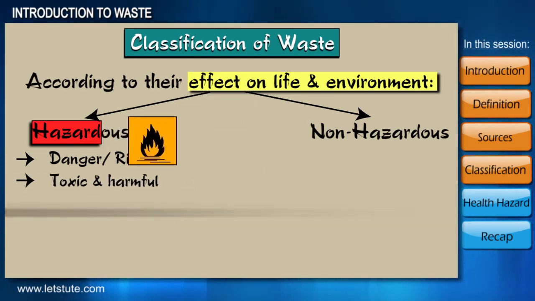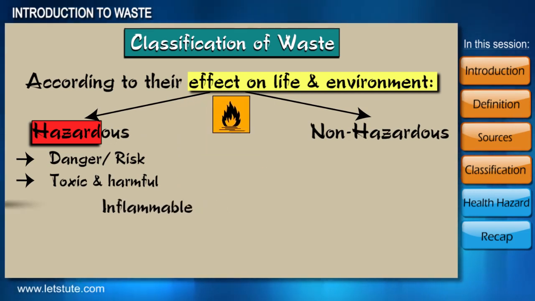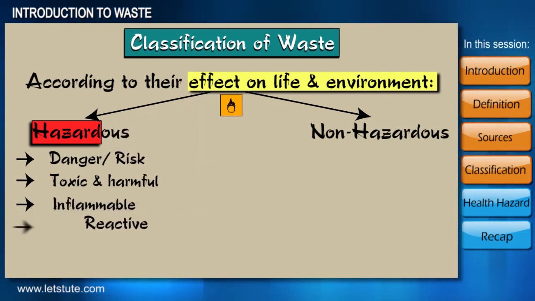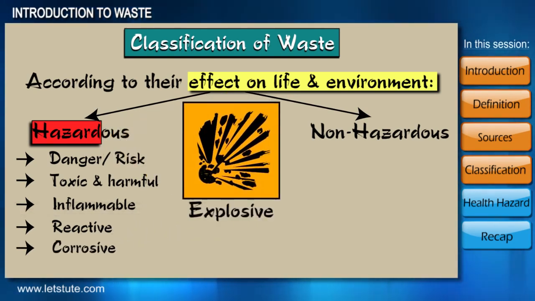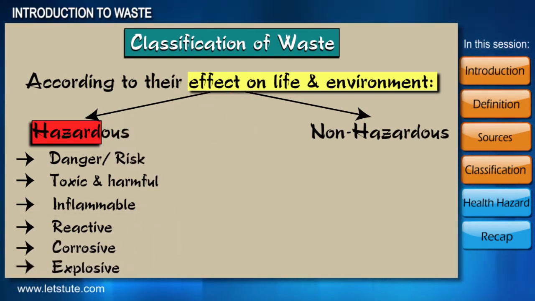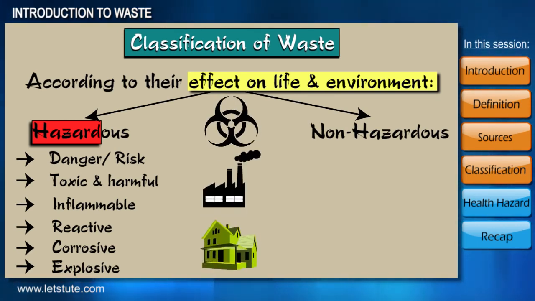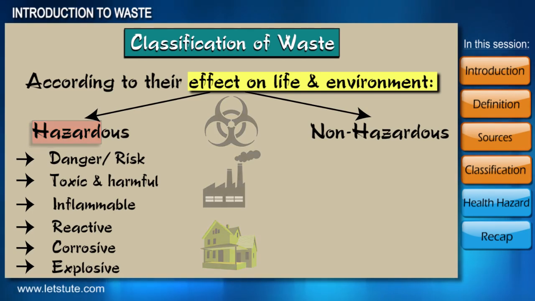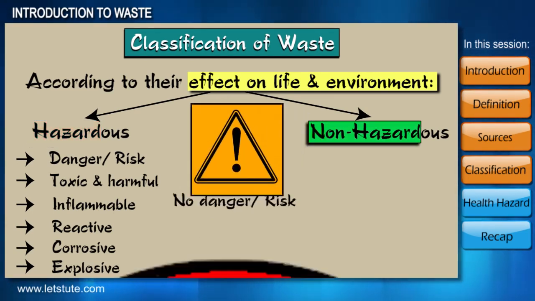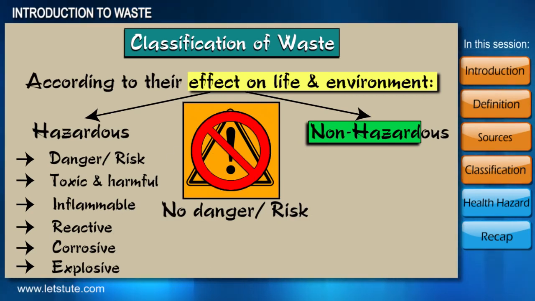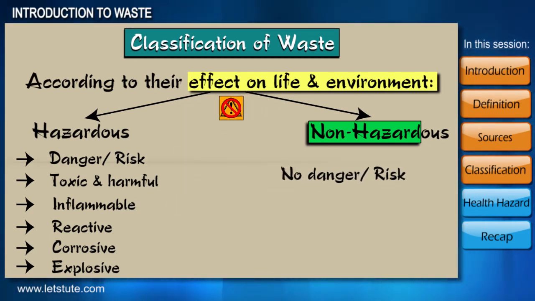These wastes may catch fire very easily. They are very reactive, corrosive, and even explosive. These wastes can be from hospital, industrial, or even domestic in origin. Whereas the non-hazardous wastes are the ones which do not have any harmful effect on our environment or life on earth.